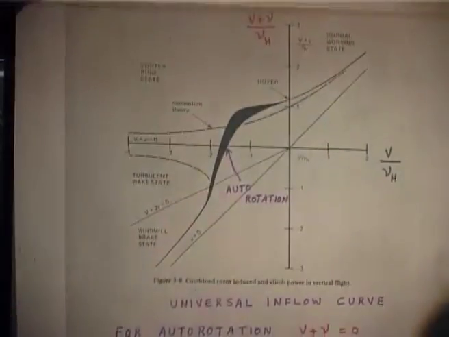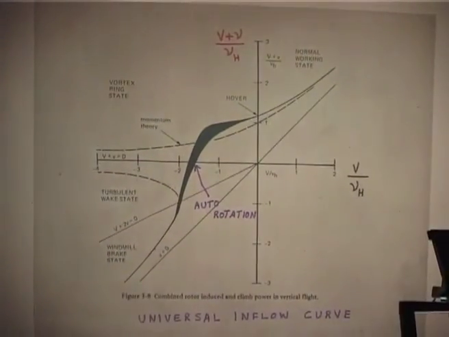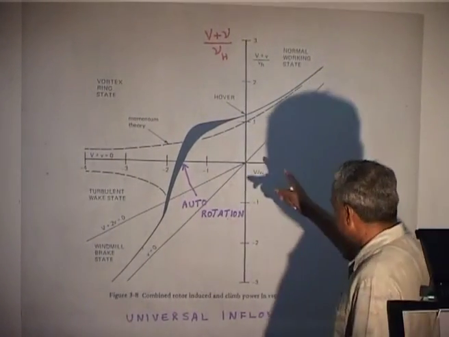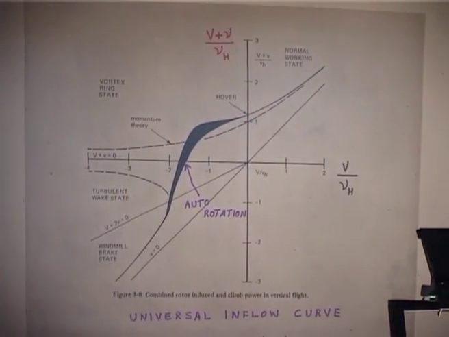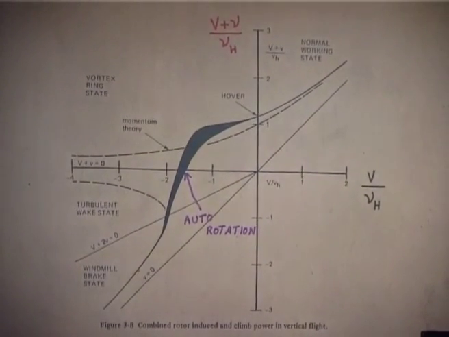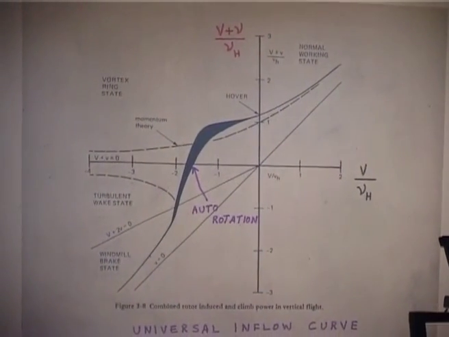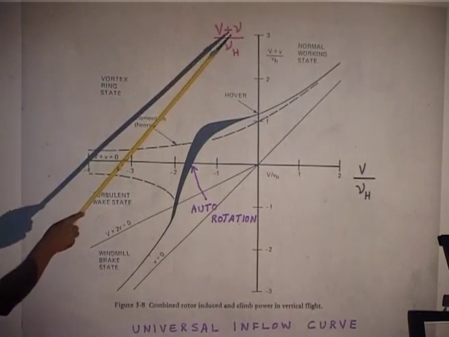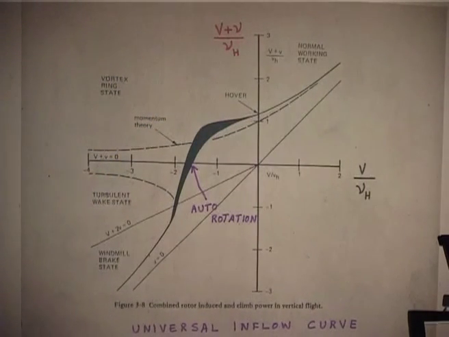This was the diagram. Essentially, we have rotated that original diagram a little. Now, in this diagram, my y axis is V plus nu over nu h. So, I have added that. It is like a 45-degree rotation.